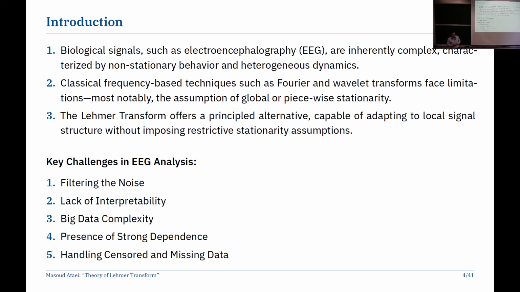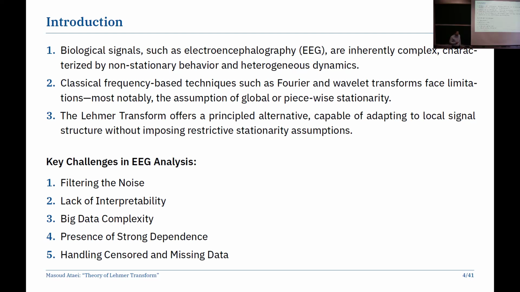The EEG datasets are also massive, usually exceeding terabytes of data. This makes real-world analysis very challenging for many of the methods. The Lehmer transform provides a computationally efficient approach, making real-time analysis possible. And also, there exist various temporal and spatial relations among different regions of the brain. But many of the existing methods treat these channels independently. The Lehmer transform retains essential temporal and spatial relationships which might exist among these channels, providing a more reliable set of results.